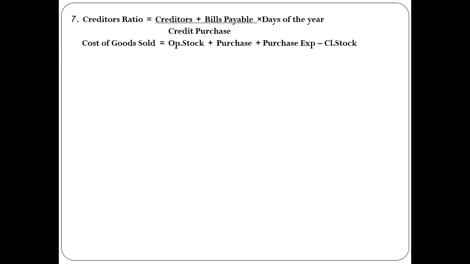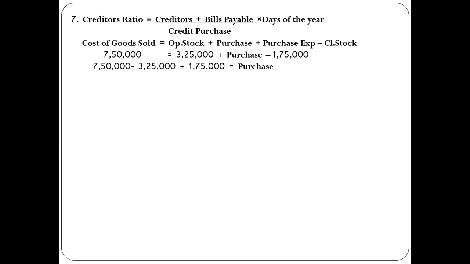So opening stock we have given, cost of goods sold we have given, purchase amount is not there, and closing stock we are already having. So we will keep the amount in the formula that 7,50,000 is equal to 3,25,000 plus purchase minus 1,75,000. Now we will do the calculation that 7,50,000 minus 3,25,000 plus 1,75,000 is equal to purchase.